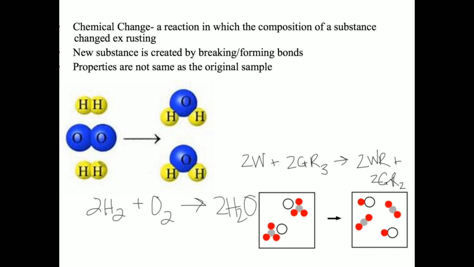So you can see that we begin with 2 white particles and 2 compounds of the green and red particles, and we end up with 2 particles that have 1 white and 1 red, and 2 particles that have 1 green and 2 reds. Notice that it's important to remember that during any chemical reaction, matter or atoms cannot be created or destroyed. They're just simply rearranged by forming and breaking bonds.